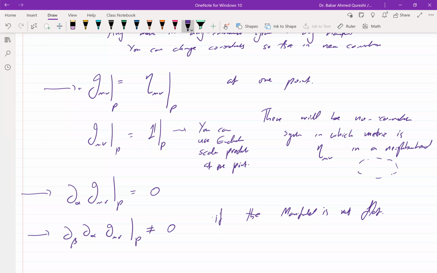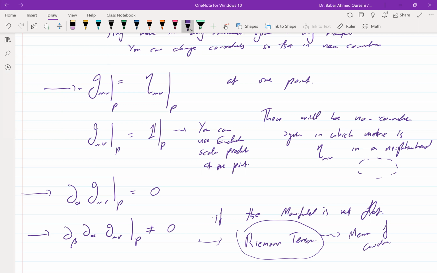And this fact that you cannot put the second derivatives equal to 0 will lead to what we call the Riemann tensor. This failure of the second derivatives to be 0 is captured in this tensor, and it's a measure of curvature.